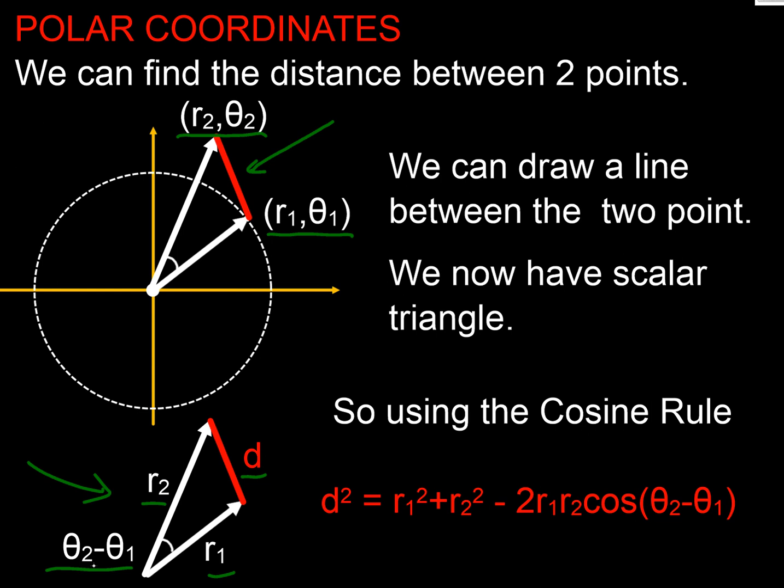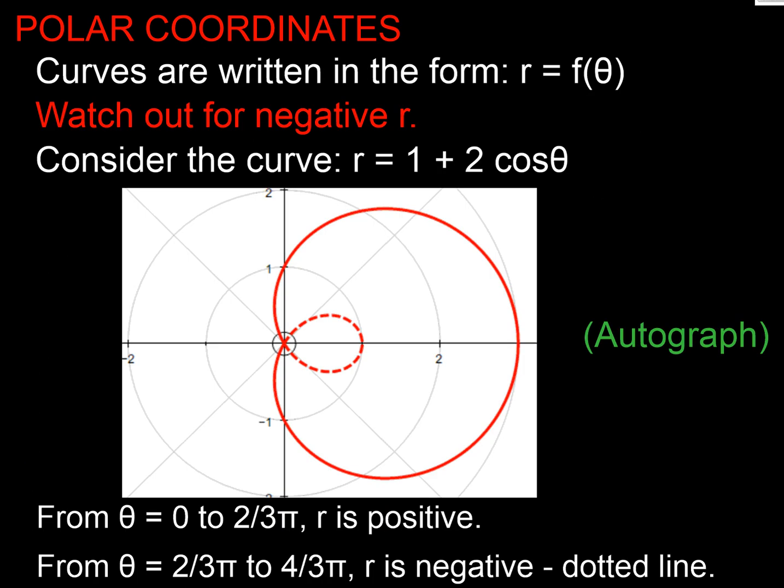That's going to be theta 2 minus theta 1. So I can simply use the cosine rule from GCSE. So d squared will equal r1 squared plus r2 squared, subtract 2 r1 r2 times cos of the opposite angle, which is theta 2 minus theta 1. So if you need to find a distance, cosine rule.